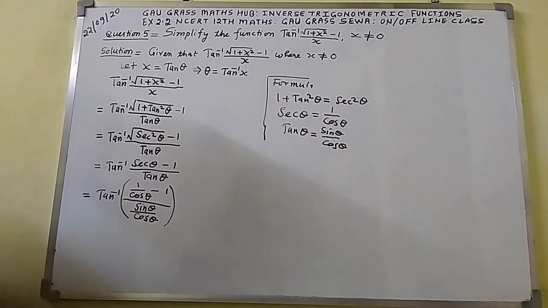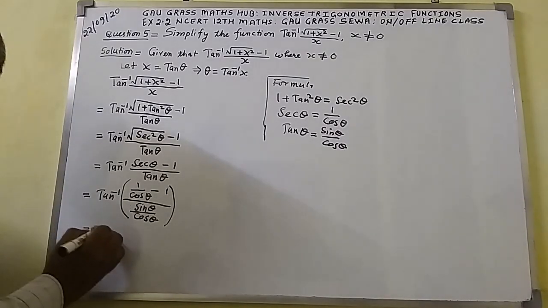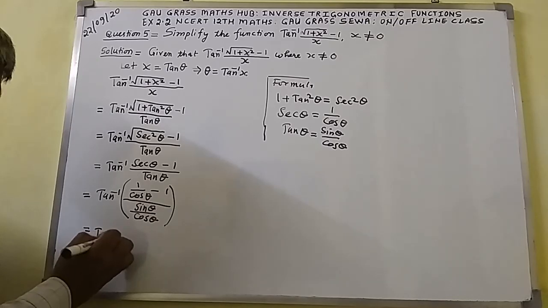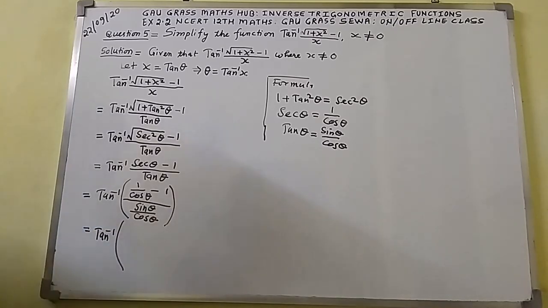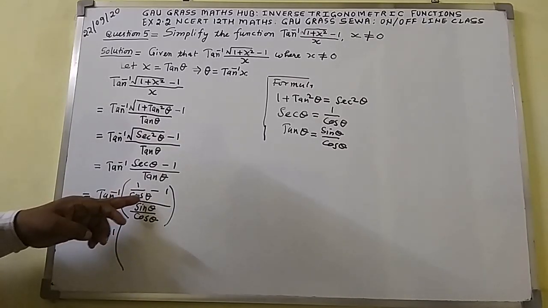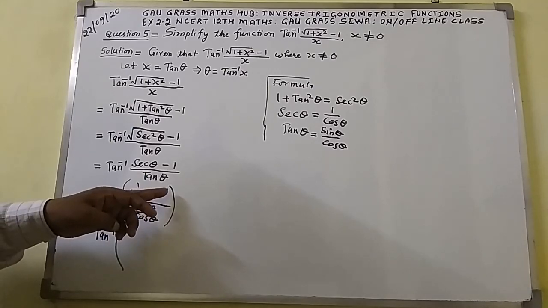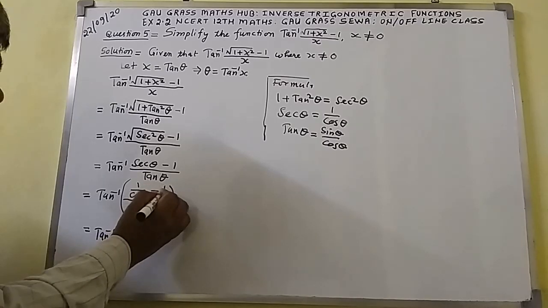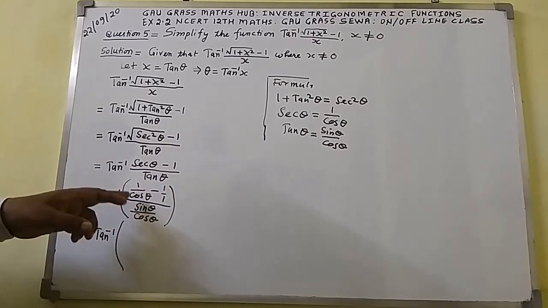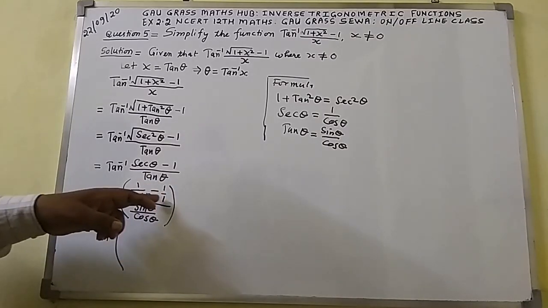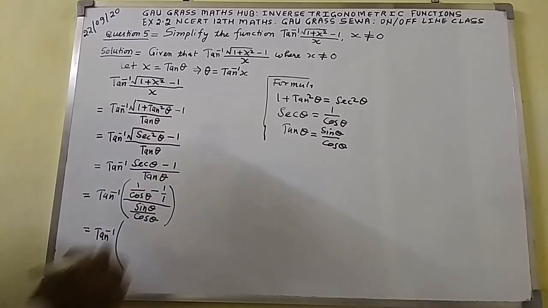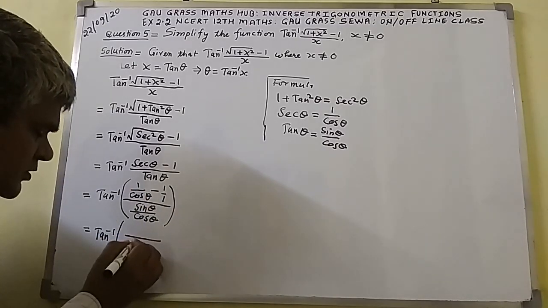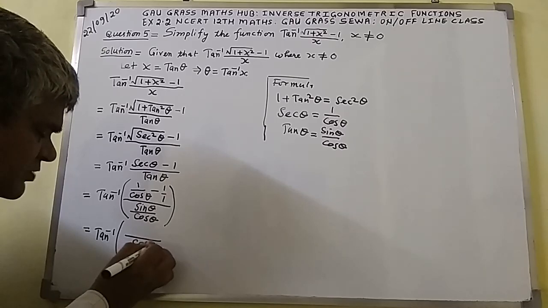So here this will become tan inverse. Here you can see 1 over cos theta minus 1 is there. In place of 1, you can write 1 over 1, and now cos theta and 1 are there, so you can take the LCM. Cos theta will be the LCM.